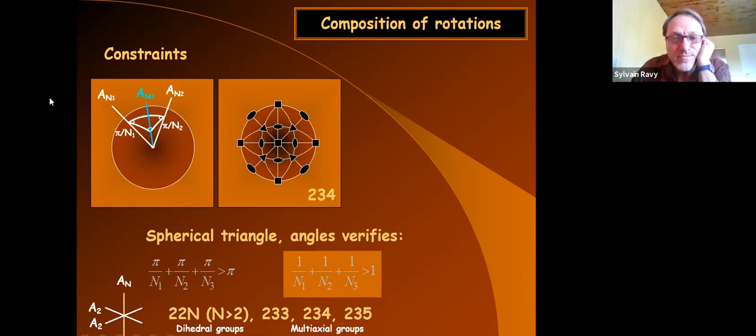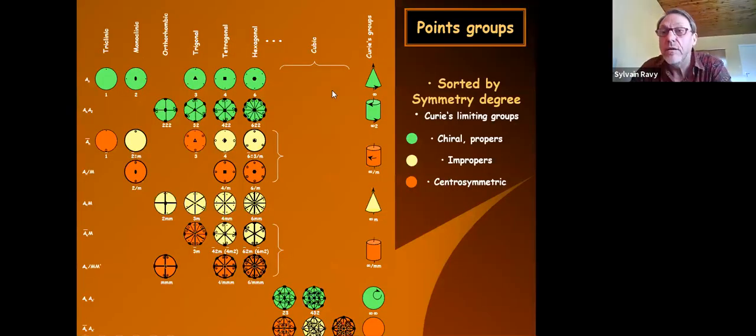But first, maybe, okay, so that's the complete classification of the point groups, and usually people find that a little bit scary. This is a classification according to the main symmetry here.